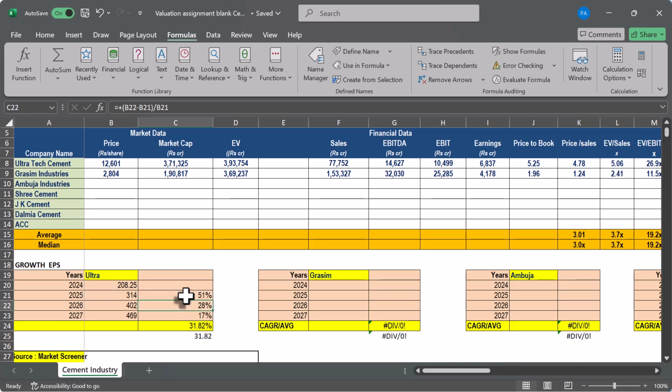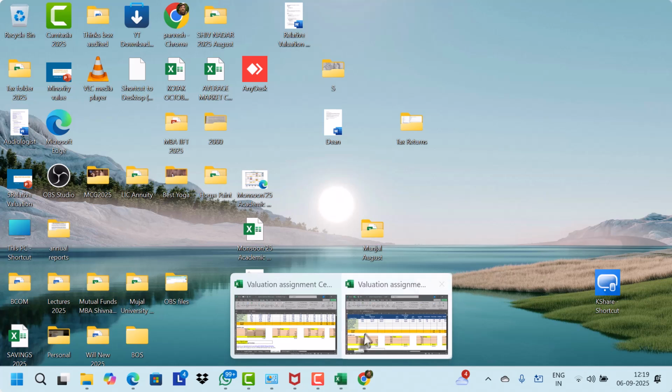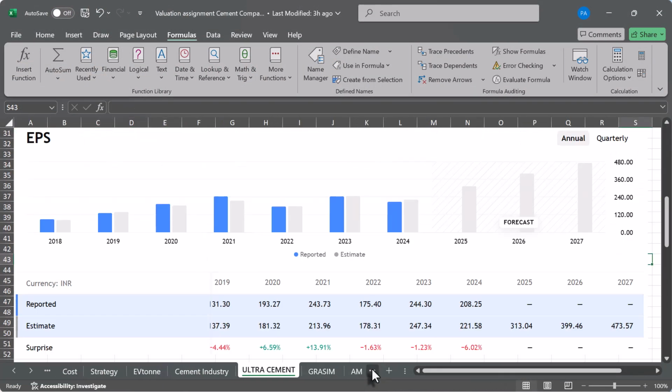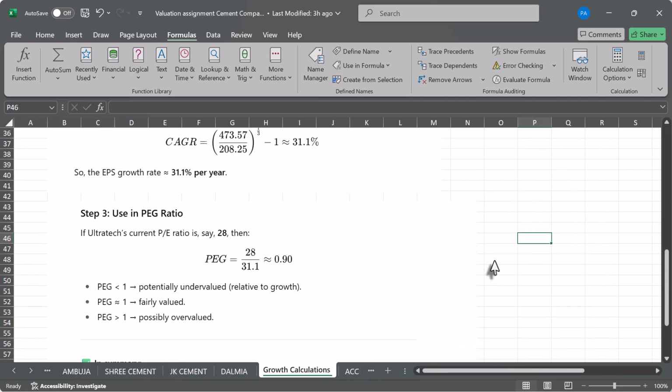Is this the ideal way of calculating the future growth? So I checked with the AI and shared what I got from there: how do analysts calculate the growth of the company?